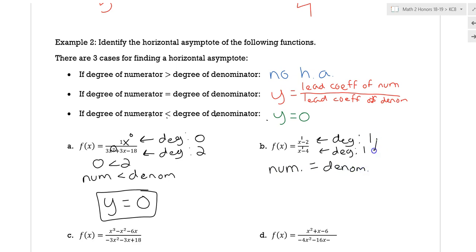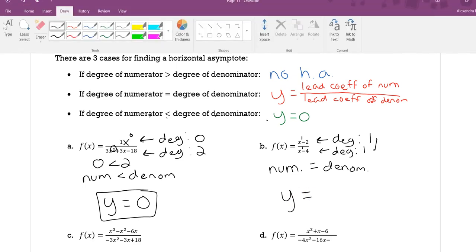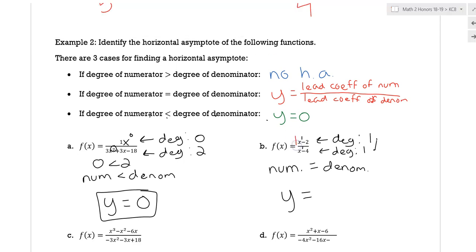All right, these 1 and 1 are equal. So therefore, y equals the leading coefficient divided by the leading coefficient, right? Coefficient is the number in front. So this one has a 1 in front. This one has a 1 in front. So y equals 1.